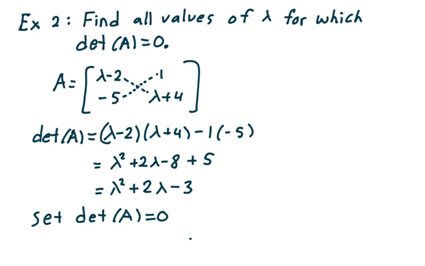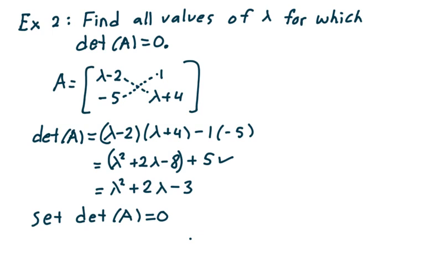And so when I multiply this out and simplify, I get lambda squared plus 2 lambda minus 8. So this piece is lambda minus 2 times lambda plus 4. And then negative 1 times negative 5 is positive 5. So notice here on the second line, I added 5. And so this is lambda squared plus 2 lambda minus 3.